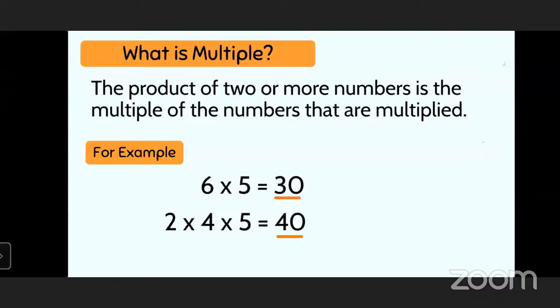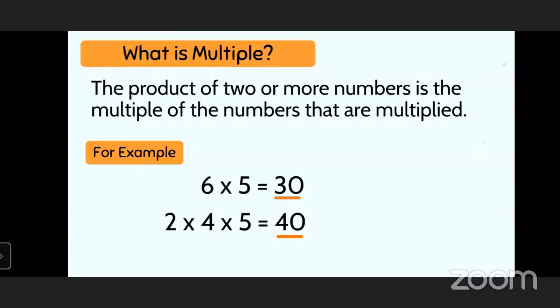Very good. Anyone, another example rather than these two examples? Yes, sir. 5 sevens are 35. Very good. 5 multiplied by 7, the product will be 35. Now 5 multiplied by 5 multiplied by 5. 5 fives are 25. 25 fives are 125.